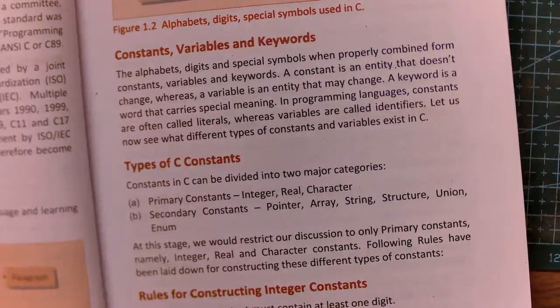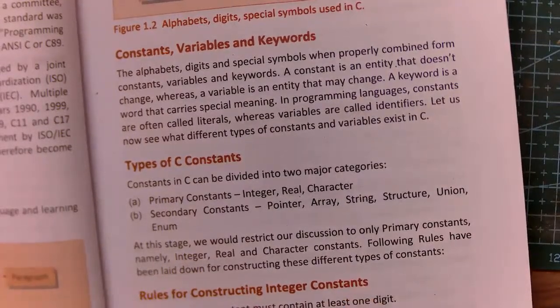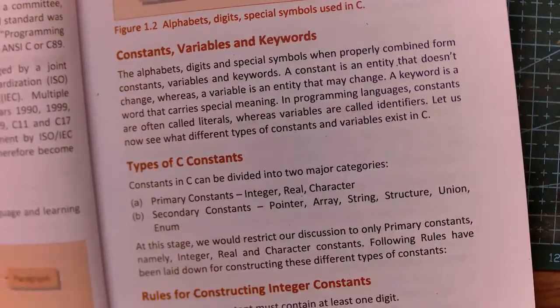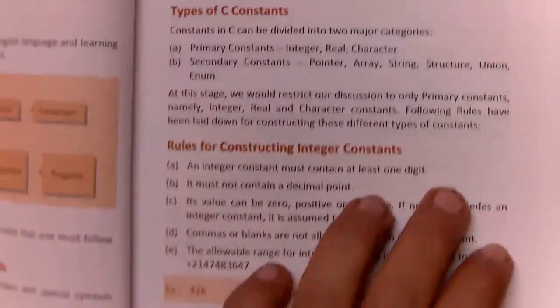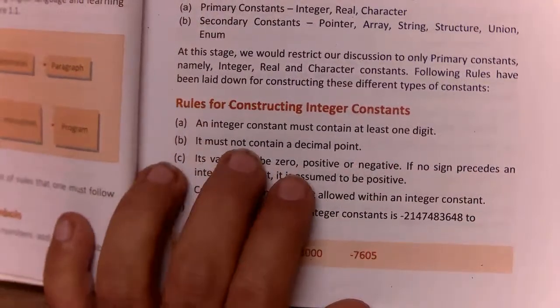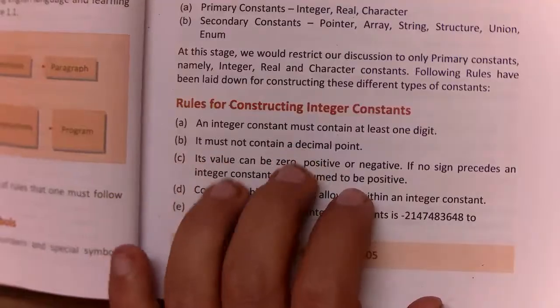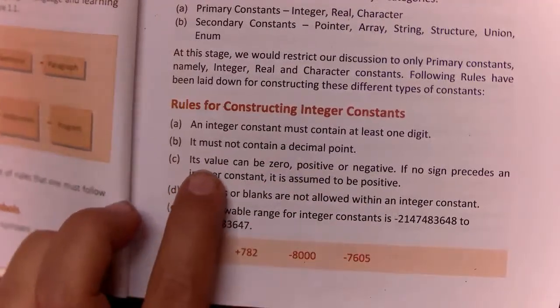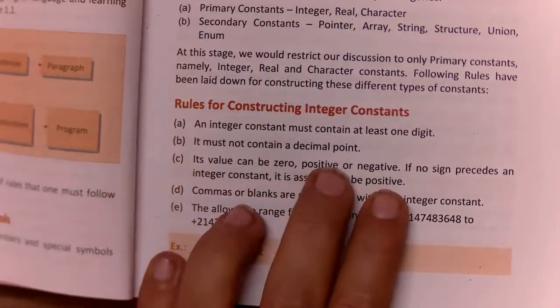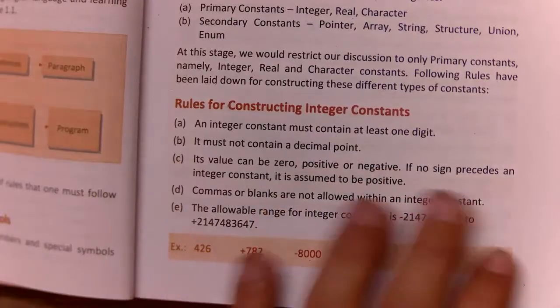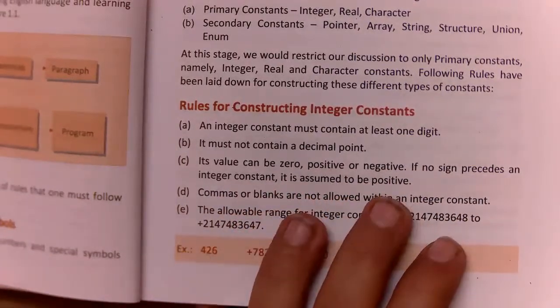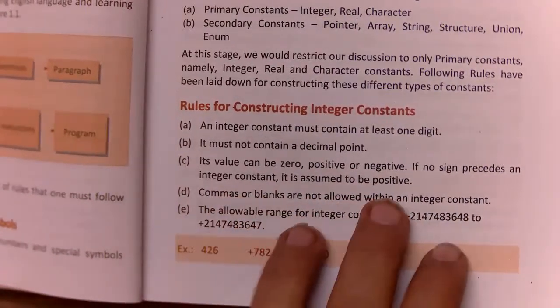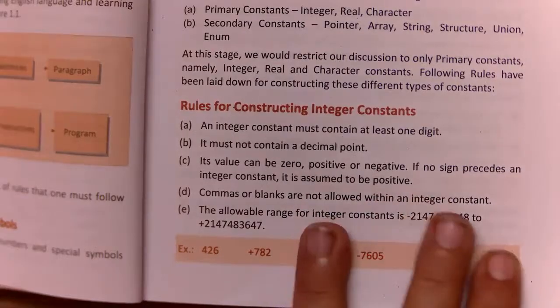Following rules have been laid down for constructing integer constants. An integer constant must contain at least one digit. It must not contain a decimal point. Its value can be zero, positive, or negative. If no sign precedes an integer constant, it is assumed to be positive. Commas or blanks are not allowed.